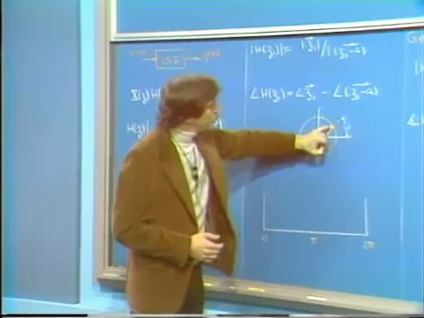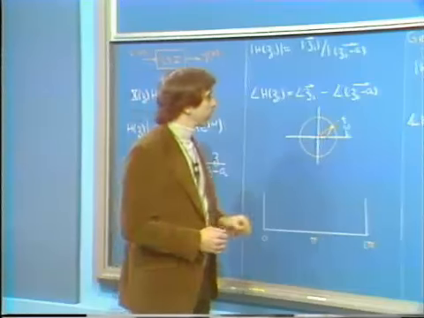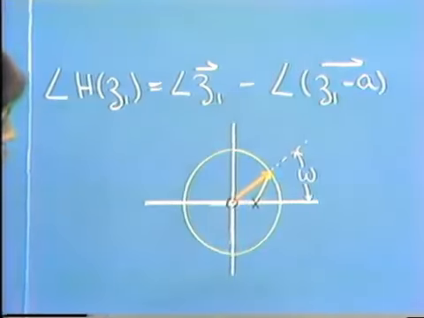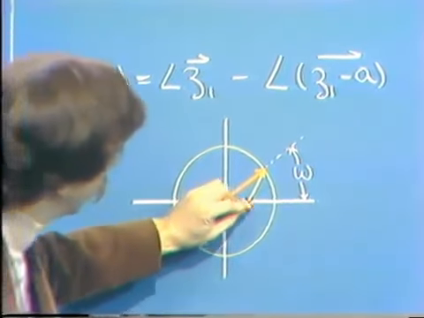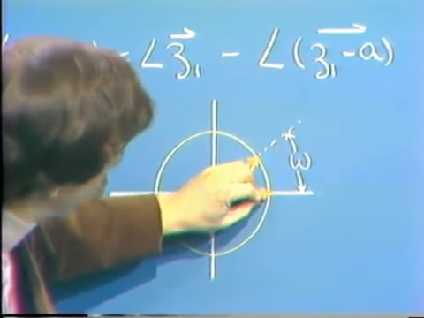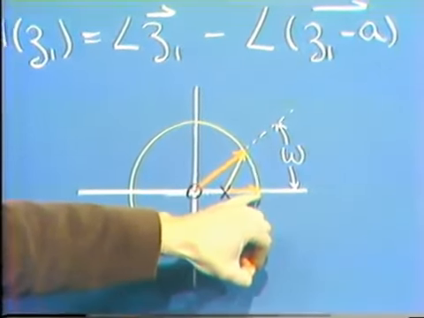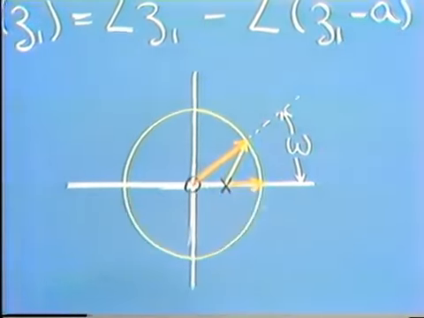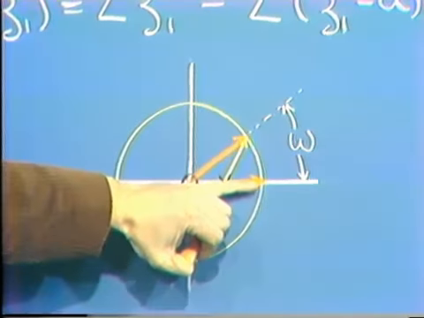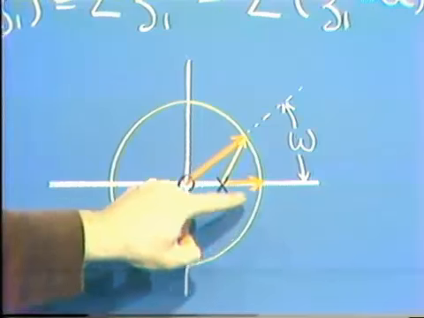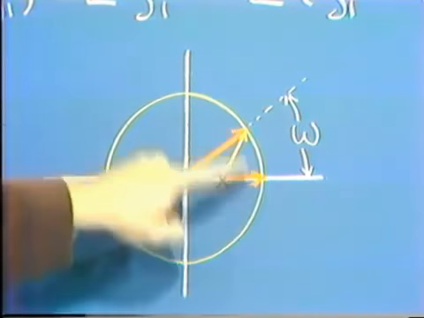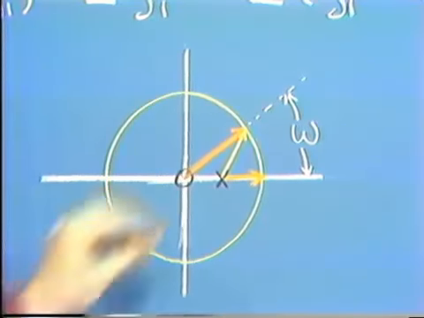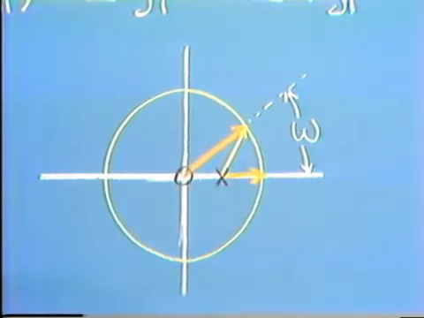Now, let's look at what the behavior of the pole vector is. The pole vector, as we start, say, at omega equals 0, we have a vector going from the pole to this point on the unit circle. And as we sweep around in frequency, until we get to omega equals pi, halfway around the unit circle, the length of this vector is monotonically increasing.